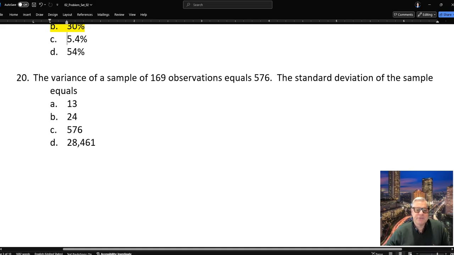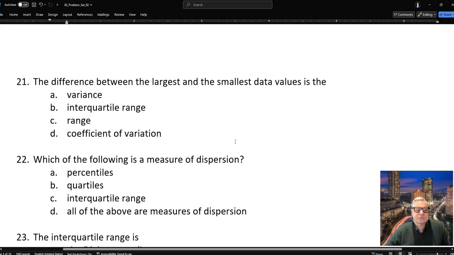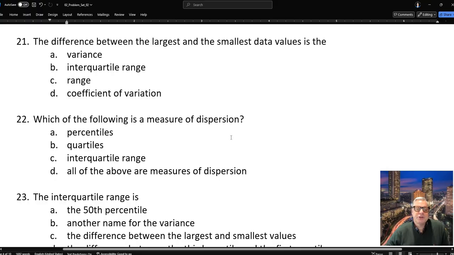That's irrelevant. We have to take the square root of 169, which is 13. The difference between the largest and the smallest data values is obviously the range.